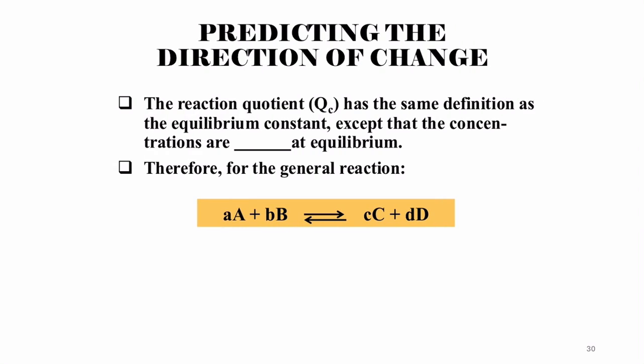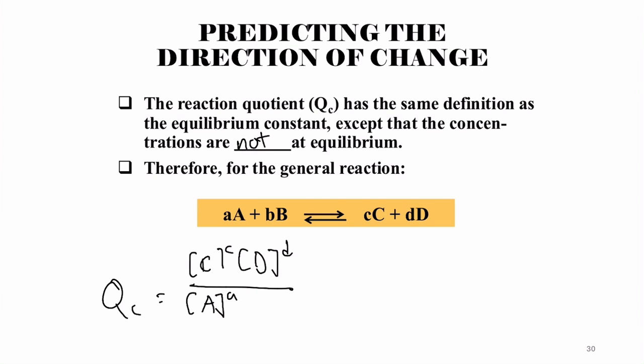The values used in the reaction quotient are just the concentrations that are not at equilibrium. So again, Qc for this reaction is going to be [C]^c [D]^d over [A]^a [B]^b, except these are not equilibrium concentrations.